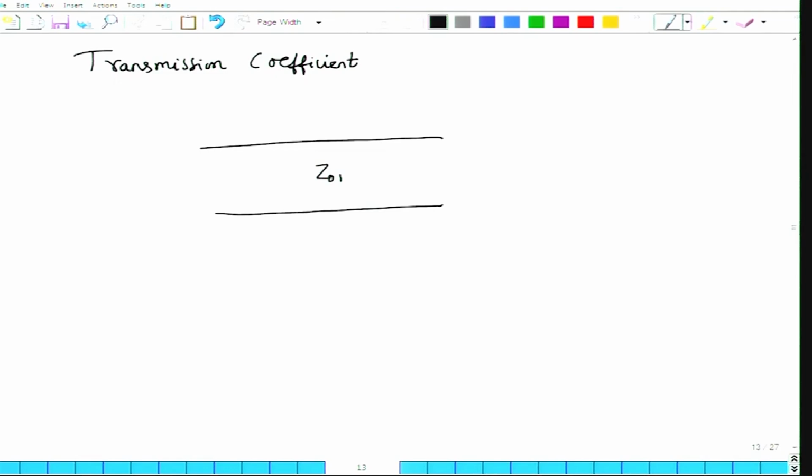On this line I have both positive going voltage as well as negative going voltage. I terminate this transmission line with the load ZL, through which some current IL can be flowing, and then to the right of the load I connect a second transmission line of characteristic impedance Z02.